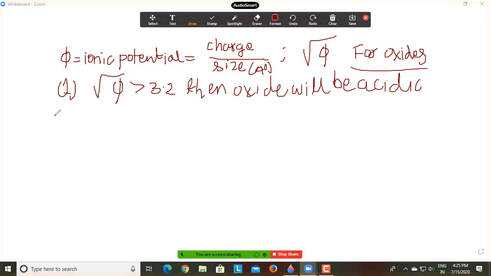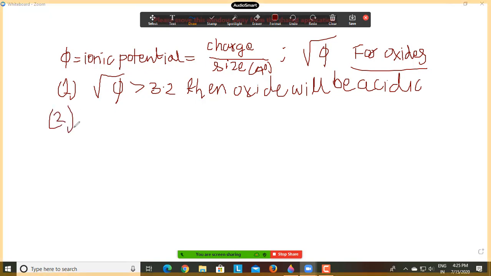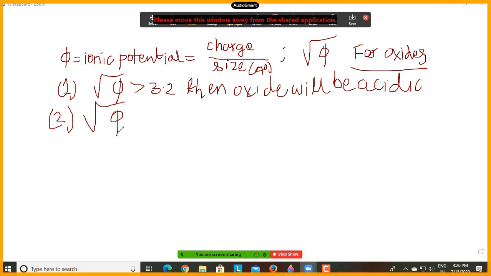Now point number 2. Suppose square root of phi is coming in between 2.2 and 3.2.